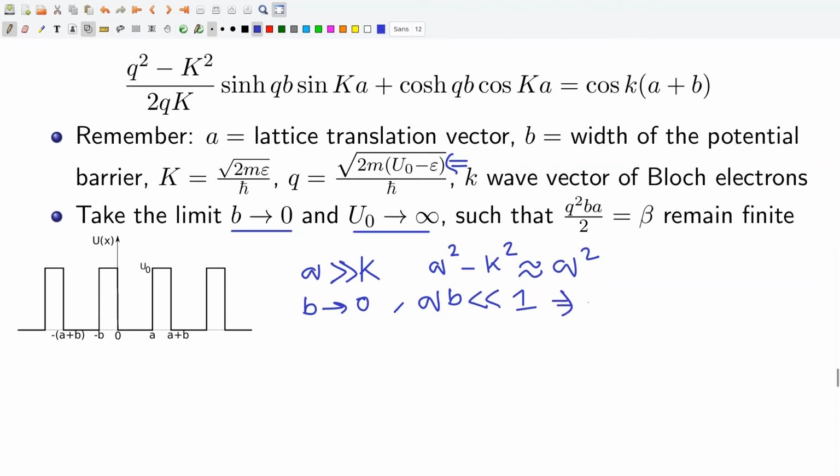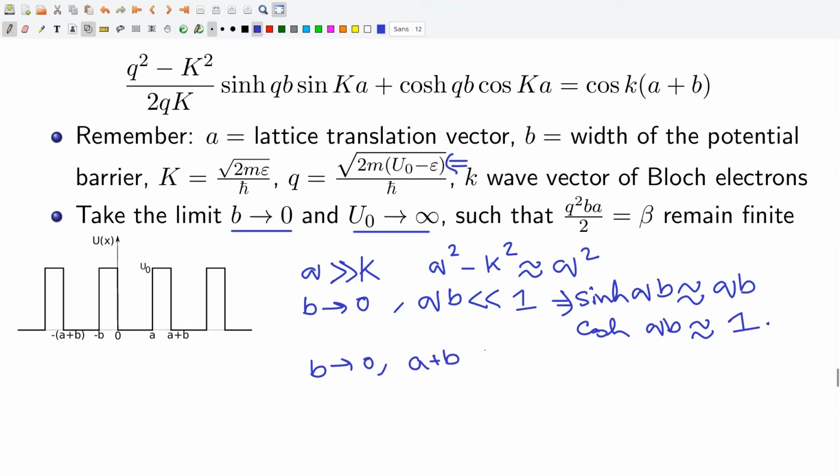And in this limit, sine hyperbolic qb is approximately equal to qb and cos hyperbolic qb is approximately equal to 1. Also, in the limit b tends to 0, a plus b can be approximated to be equal to a.